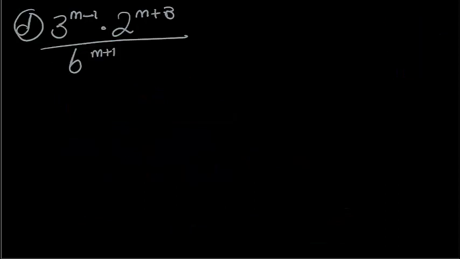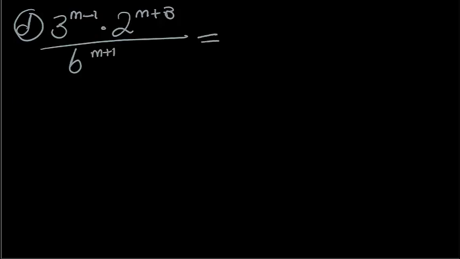Question D. I've got 3, 2, and 6. All right, 3, 2, 6 are not all 3s and they're not all 2s, right? So what could we possibly do? What we can do is we can change this 6 into 2 times 3. Those are the factors, right?